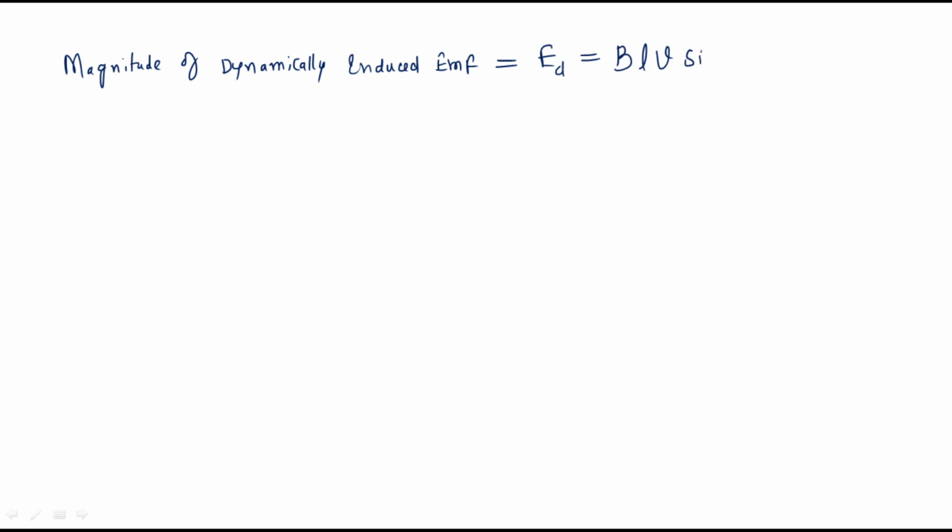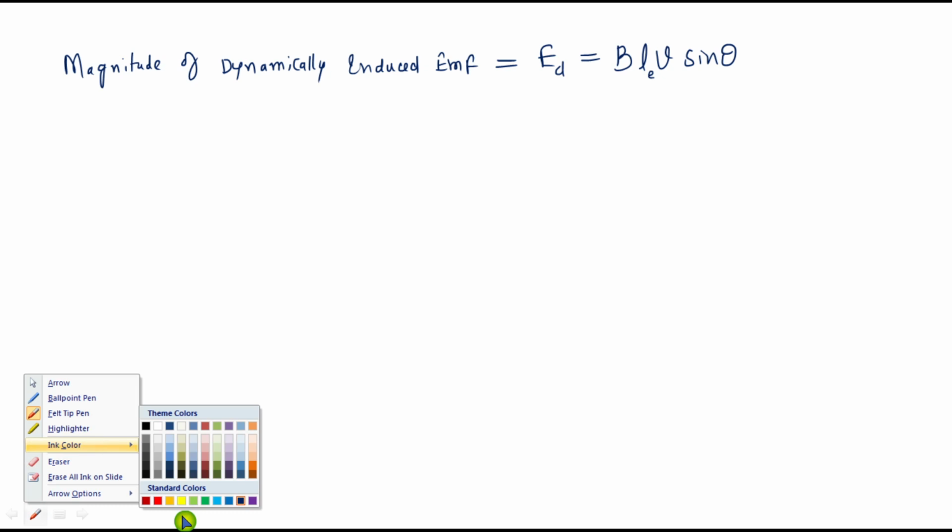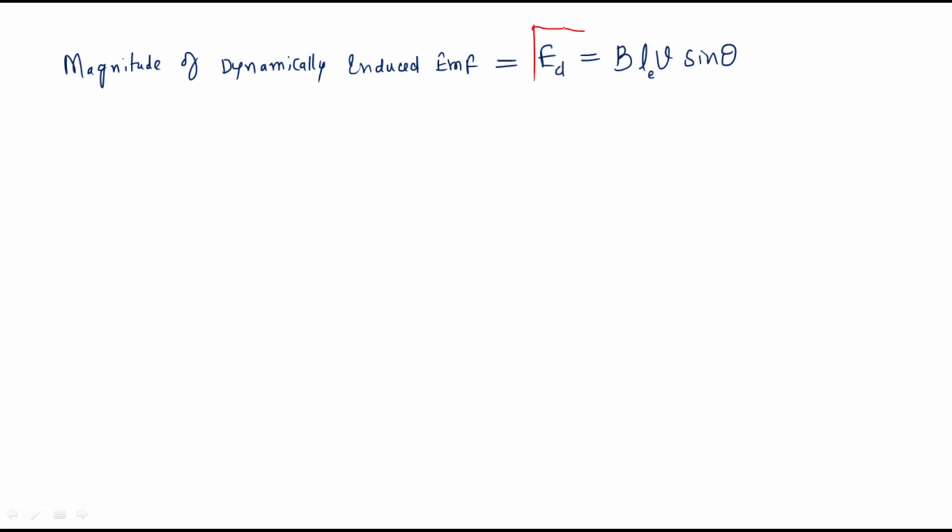In order to calculate the magnitude, ED is equal to BLV sin theta. This is the actual magnitude of dynamically induced EMF.